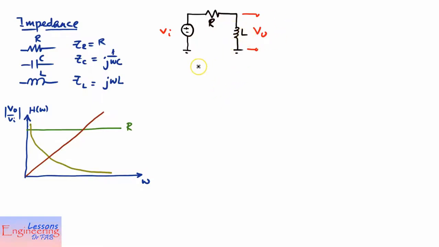The circuit elements we have here are a resistor with an impedance of R, and an inductor with an impedance of j omega L.